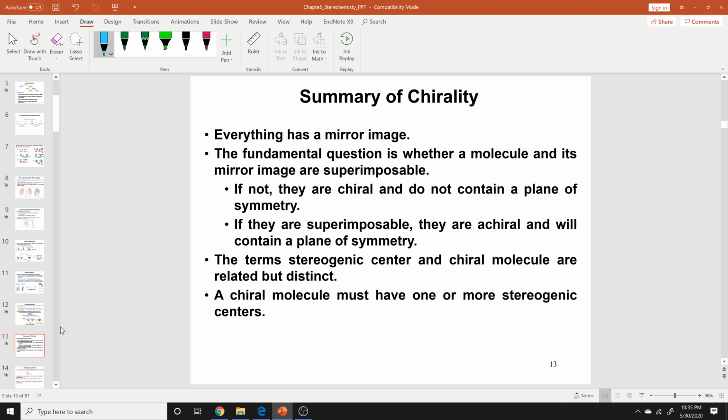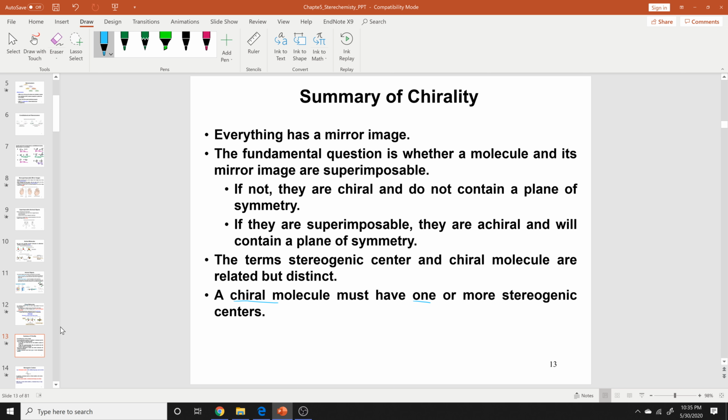So the summary for chirality: for the molecule to be chiral, you need to have first a chiral center. A chiral molecule must have one or more chiral centers, stereogenic centers.